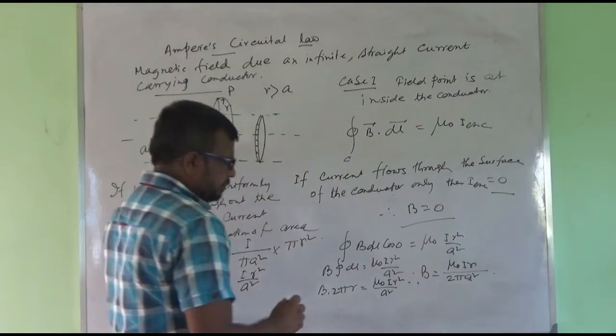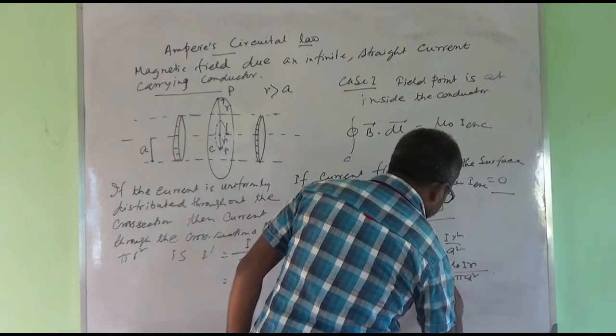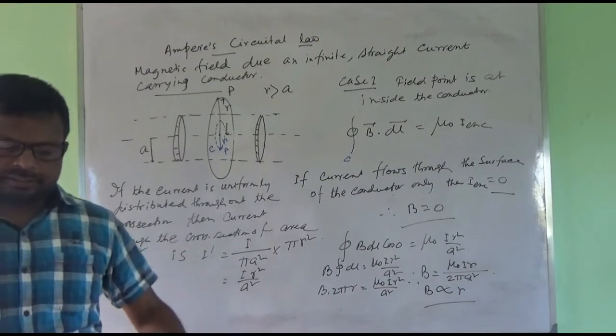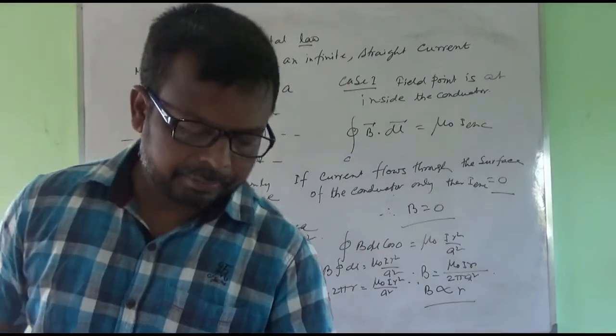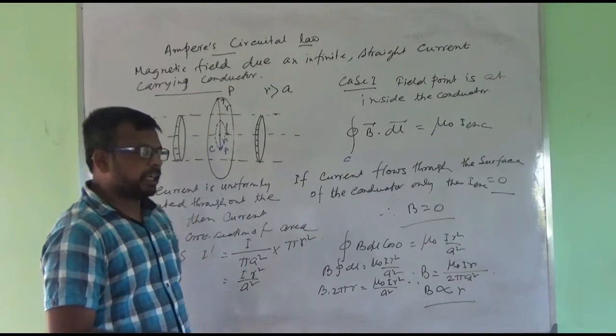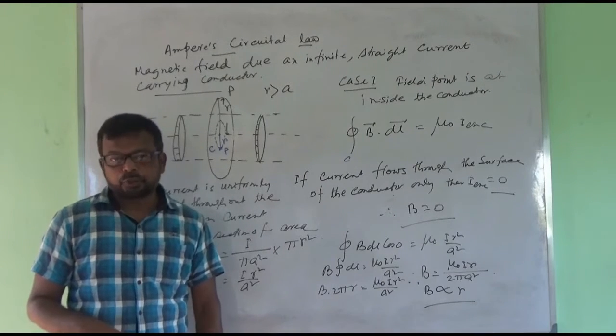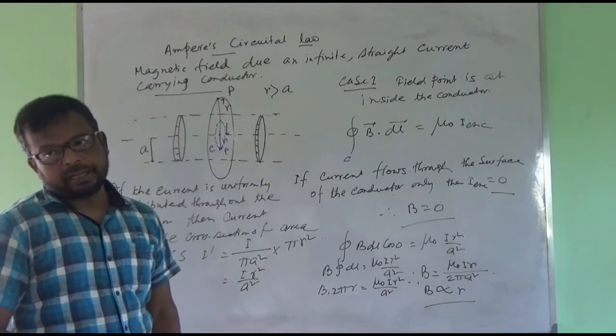And see here, in this case B is proportional to r. We have already discussed the magnetic field at an outside point, which is proportional to 1 by r.